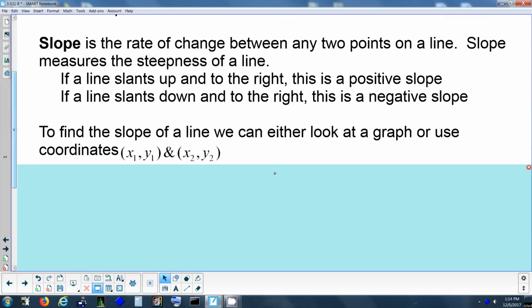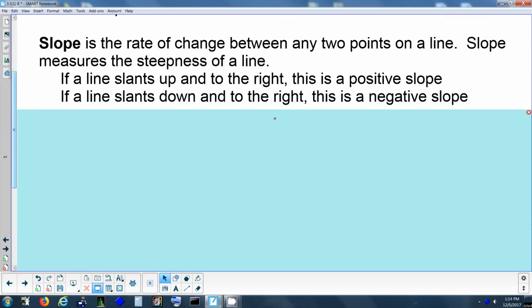So, guys, on the bottom, above those 4 graphs that are on there are some blanks to fill in. If a line slants up and to the right, this is a positive slope.